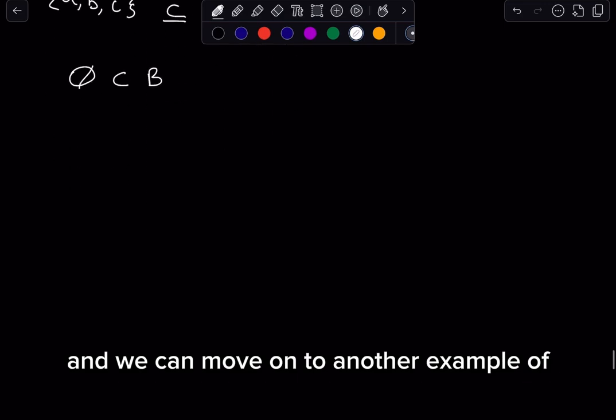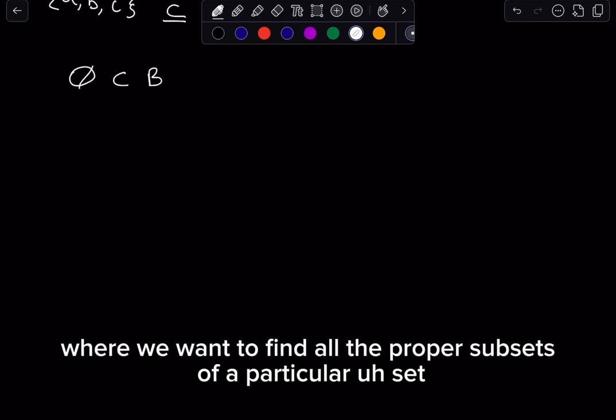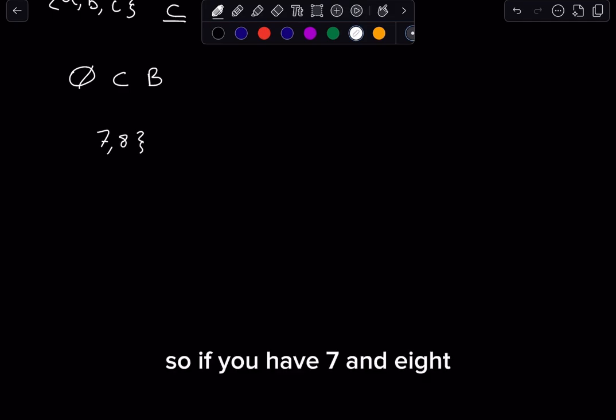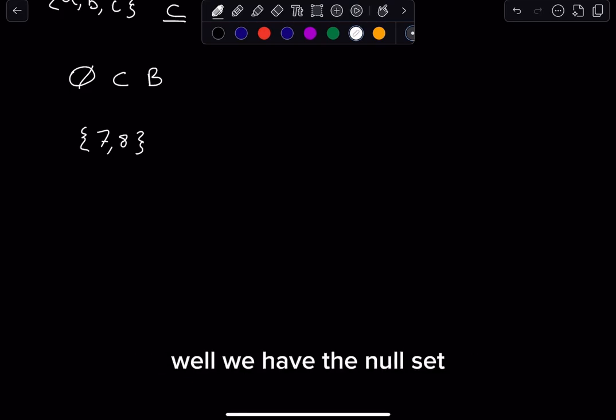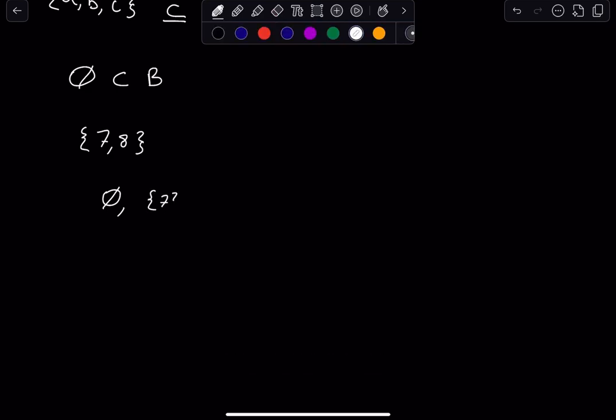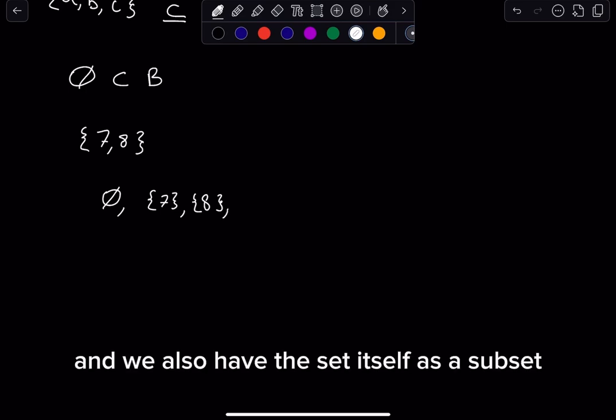And we can move on to another example of where we want to find all the proper subsets of a particular set. So if you have {7, 8}, what are all the proper subsets? Well, we have the null set, we have 7, we have 8, and we also have the set itself as a subset.